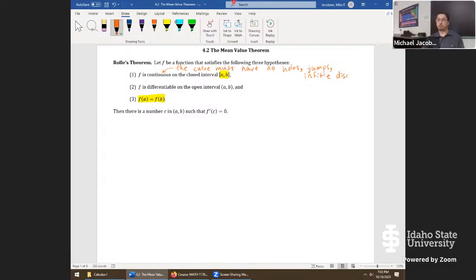Well, actually, let's just call that vertical asymptotes. That's what we mean by infinite discontinuity. I'll call it here vertical asymptotes. So just a nice curve that you could draw without ever lifting up your pencil or pen.